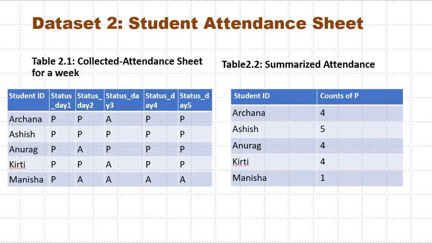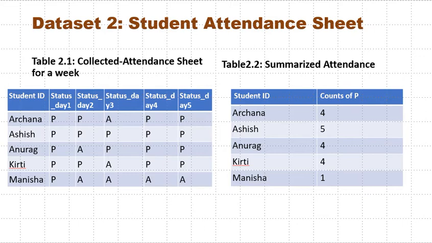Okay, so the first word was collection. Table 2.1 here represents collection of the attendance sheet for a week. Here we have only 5 students and we have collected the data on attendance of these 5 students for 5 days. The next word was summarize.